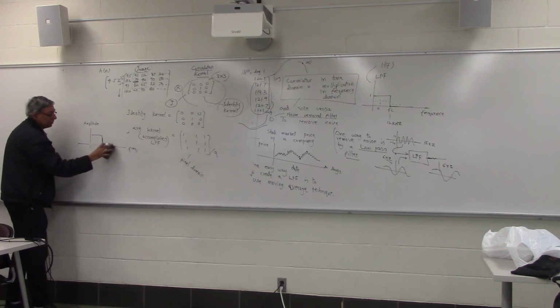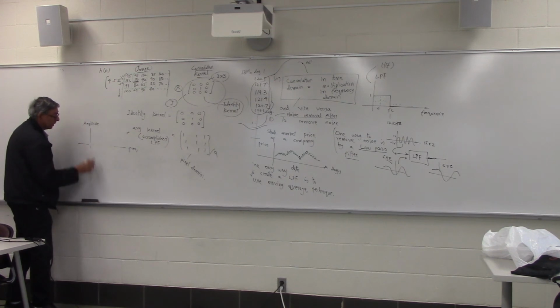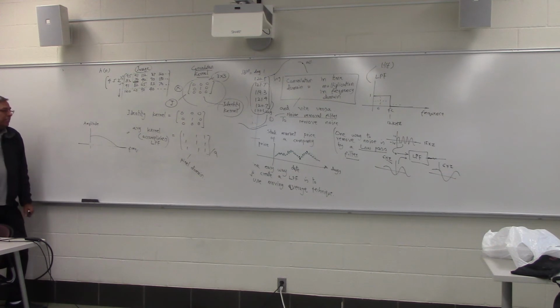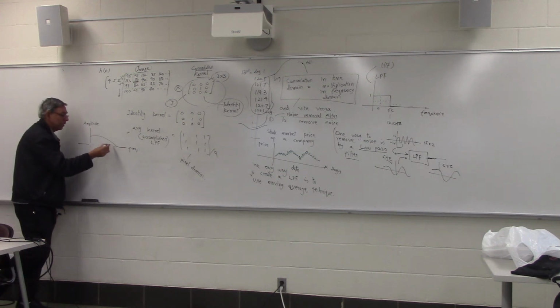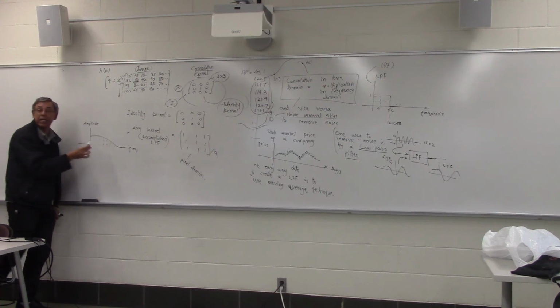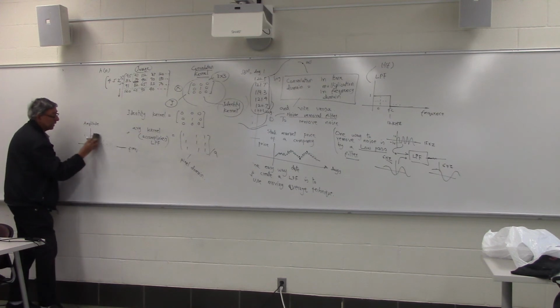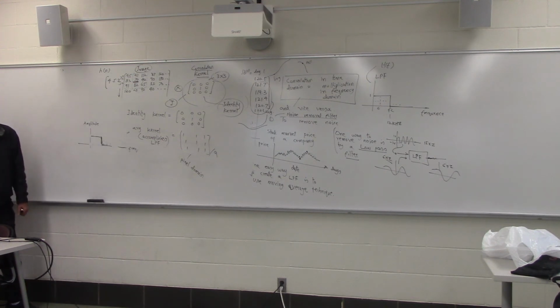So for example, somebody may give you a filter like this. It is doing some kind of low pass, but it's passing a lot of frequencies over here. Even though they are being attenuated, it's still passing. A better filter would be one which behaves more like this. Even though in the ideal world we would like it to be perfectly vertical, in the practical world, no matter what we do, there will be some kind of curve to it.